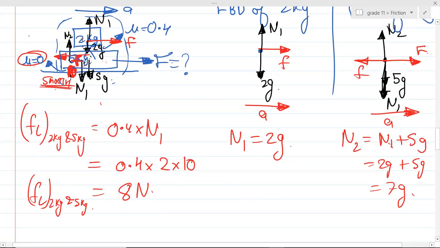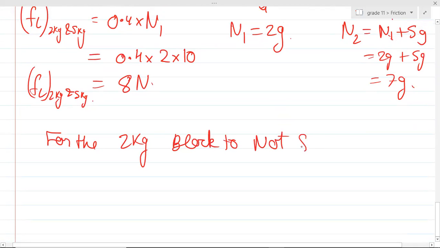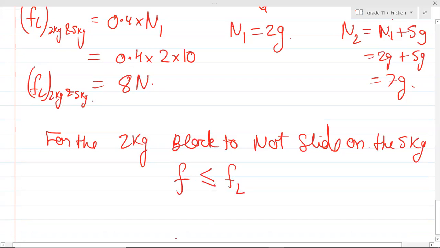Now guys, I want this 2 kg block to not slide over the 5 kg block. So can I say for the 2 kg block to not slide on the 5 kg, the friction acting between them should be less than or equal to the limiting friction?